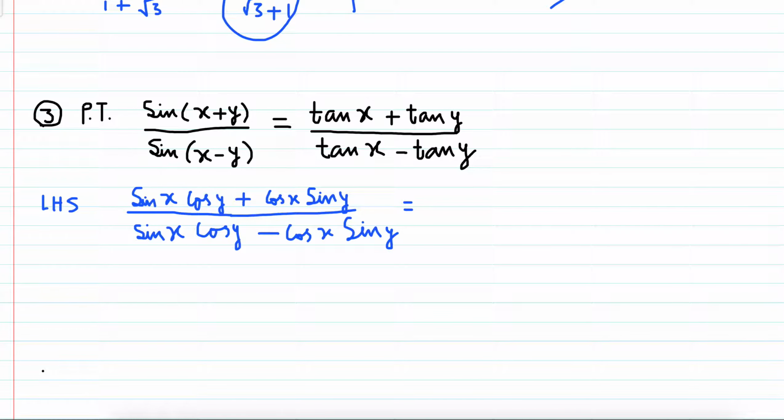We should keep in mind which form we need to bring it to. So we can make this first term tan x by dividing by cos y, because we need to get rid of cos y and cos x in the denominator. So it will become sin x divided by cos x, which will be tan x. So we have to divide by cos x cos y.